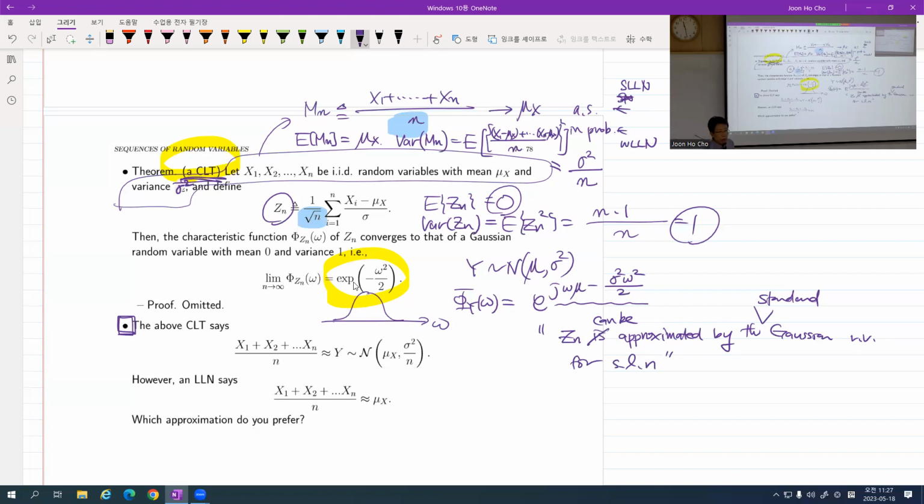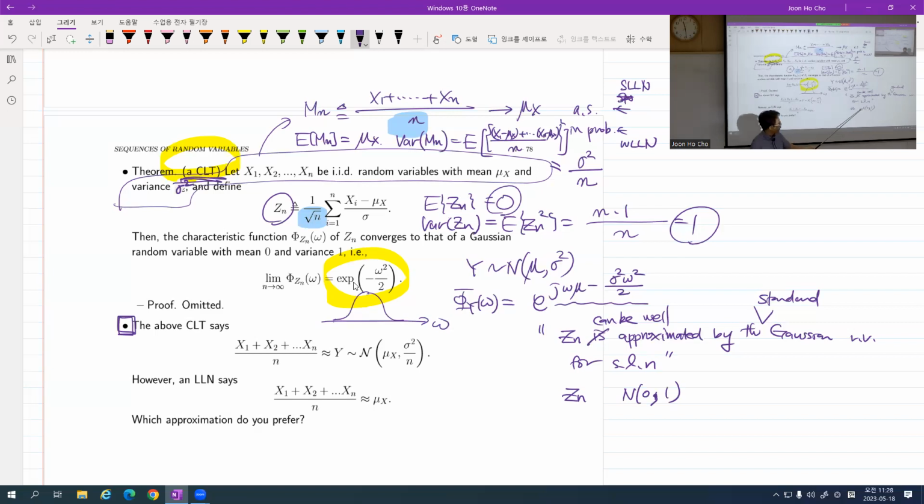That is what we want to use in practical situations. The reason why we prove this central limit theorem is to use this result. z sub n can be well approximated by the standard Gaussian for sufficiently large n. What does that mean? It says that z sub n has a very close CDF or PDF to this random variable, right?